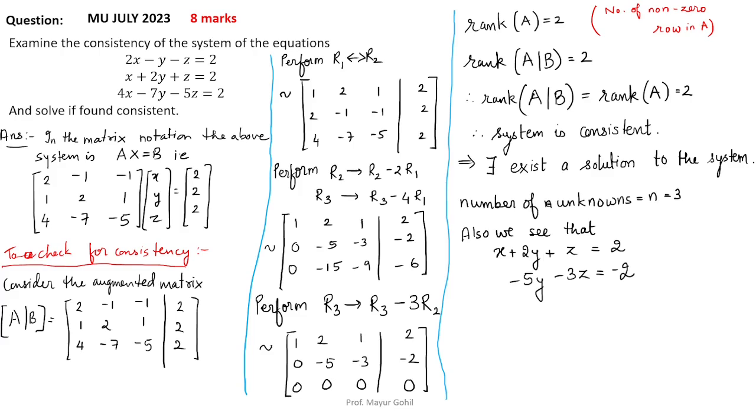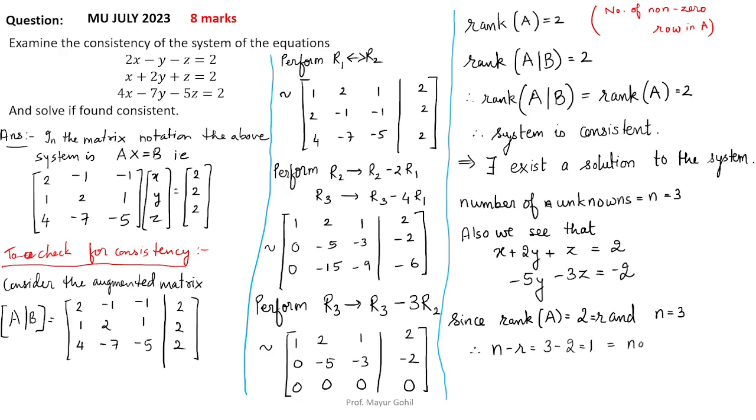Now for solving purpose of the solution of this, we will use the information that since rank of A is equals to 2 and n is equals to 3, we'll call this rank R, and so n minus R is 3 minus 2, which is 1.